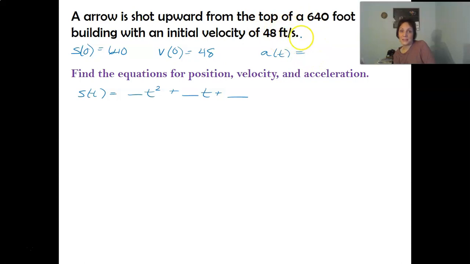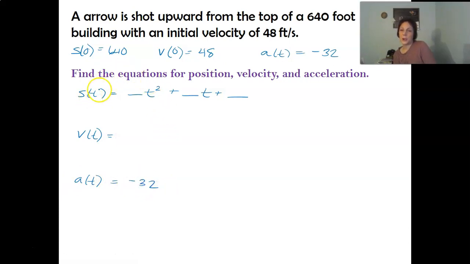Now, this is feet per second. Based on the units, I know that my acceleration is going to be negative 32. So when I do my second derivative, I need to end up with a negative 32. Okay, that's going to help us here in a minute. So I know this is going to be negative 32.